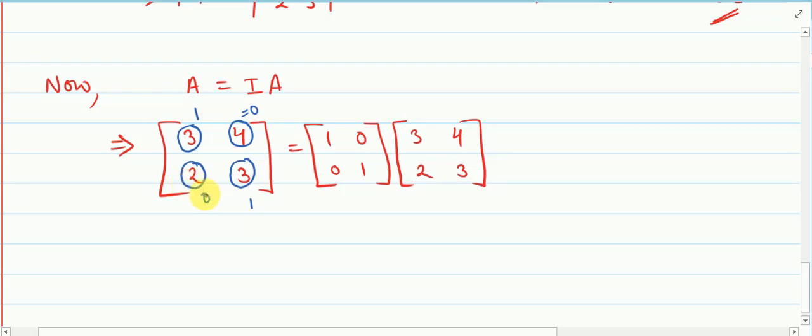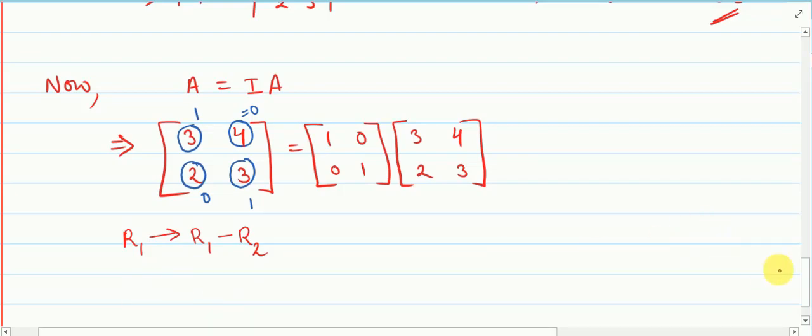So if I operate R1 tends to R1 minus R2, can I operate this?